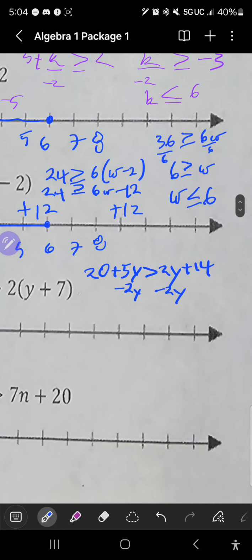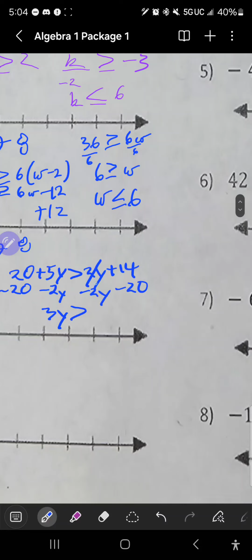So we have 5y minus 2y is 3y, greater than; this cancels and this cancels. 14 minus 20: remember from past videos, we take the bigger number and subtract the smaller number from it, so 20 minus 14 is 6, but since the 20 has a negative sign, our result is also going to have a negative sign. So the answer is 3y is greater than negative 6.